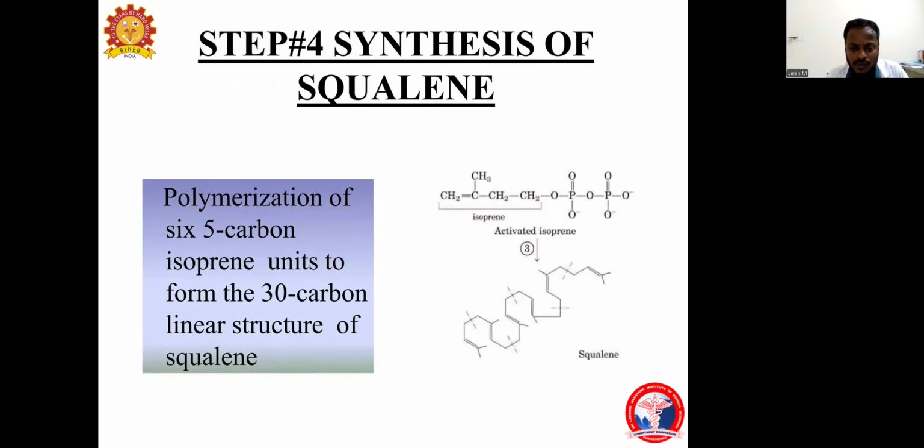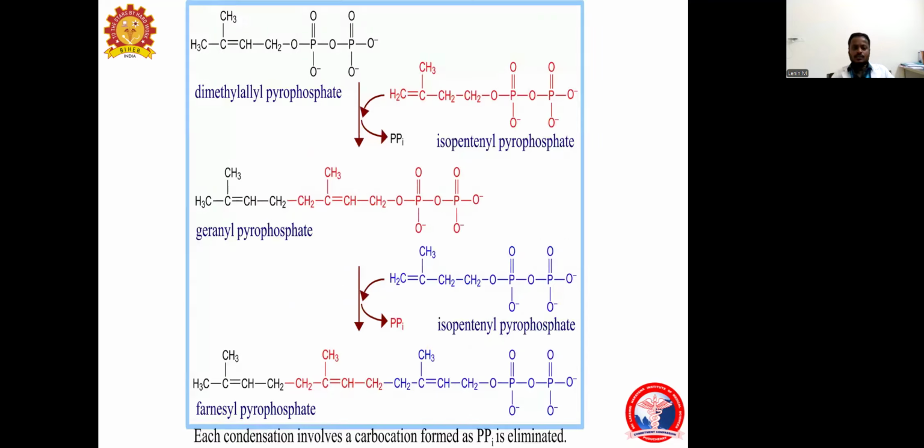And step 4, the final step, is the polymerization of the 5-carbon isoprene units to form this 30-carbon linear structure. From dimethylallyl pyrophosphate, geranyl pyrophosphate is attached with isopentenyl pyrophosphate.